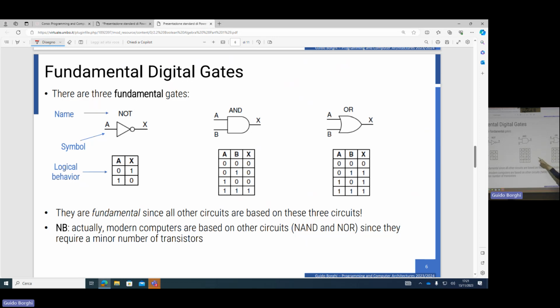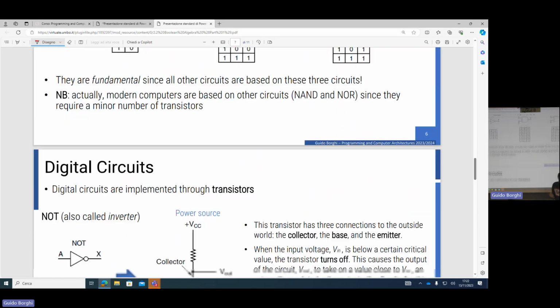Instead of the AND gate, we use the NAND gate, and instead of the OR gate, we use the NOR gate. Okay, we are going to see why. We save space, spoiler. It's possible to reduce the number of transistors that we use to build these gates, and then it's preferable to use these two gates in order to save space in our motherboard, since we use fewer transistors.